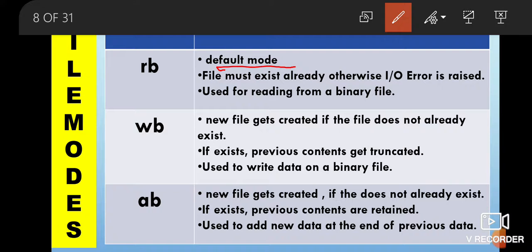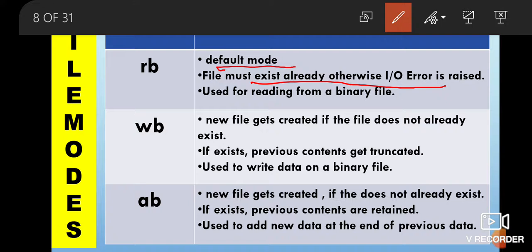Okay, then what are the conditions of this mode? That the file must exist already, otherwise input output error is raised. Means if you are opening a file for reading, then that file should be pre-existing, otherwise you will get an input output error exception. Clear?